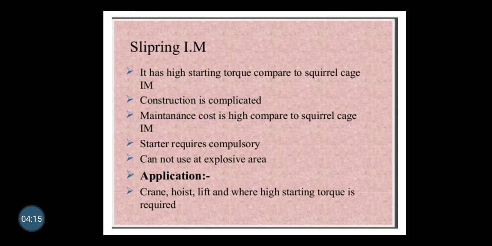In case of slip ring induction motor, we can vary the speed by adding the external resistance, but in case of squirrel cage induction motor we cannot vary the speed by adding the external resistance, because the bars are short circuited through the end rings.